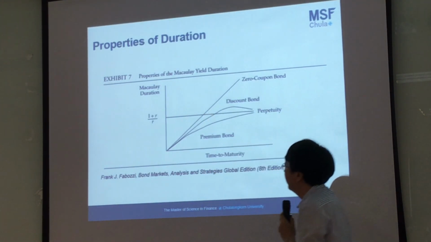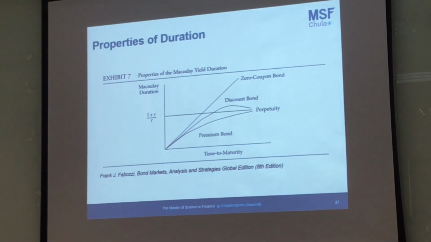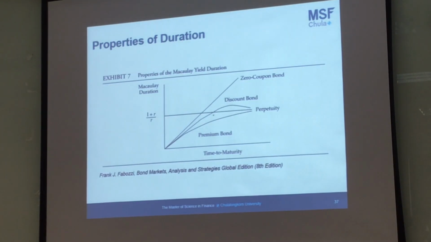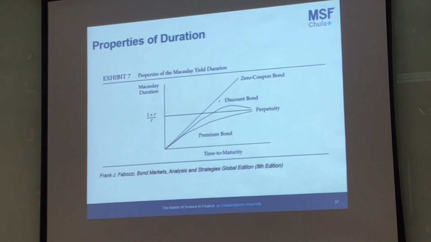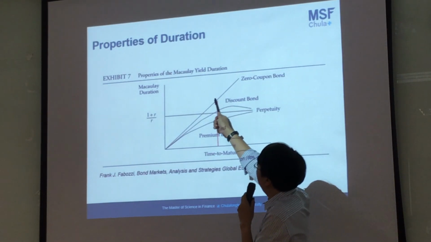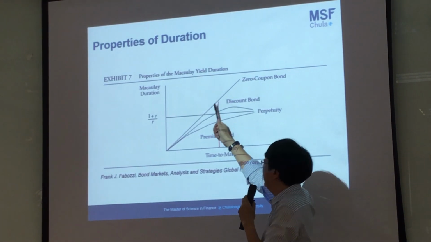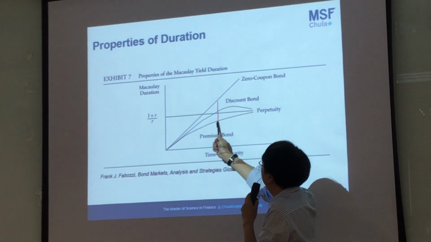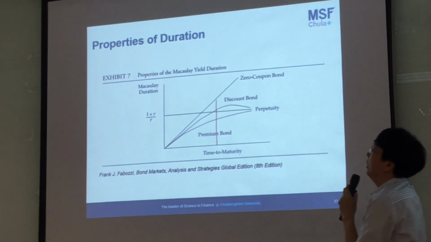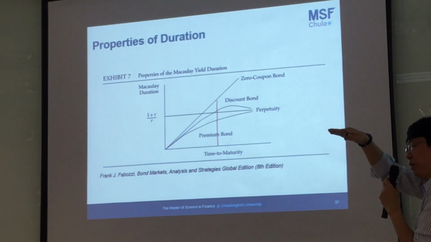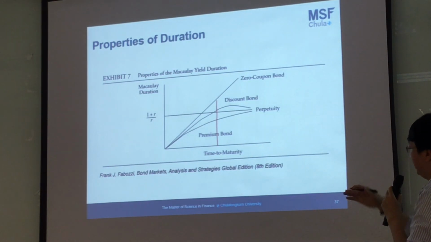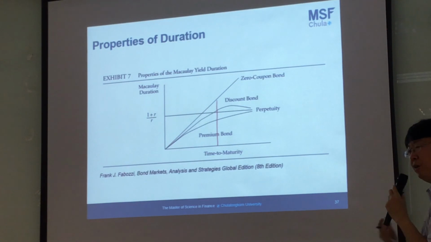The zero coupon bond has the highest duration, followed by the discount bond and the premium bond. For the perpetual bond, it is just a constant term because it pays the coupon forever.